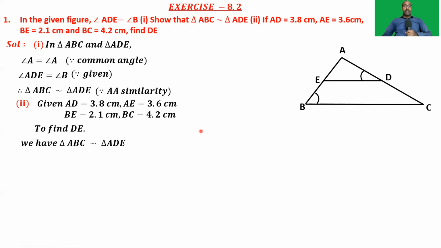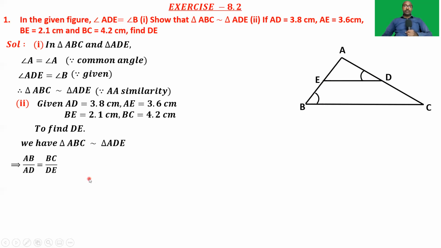So we have triangle ABC similar to triangle ADE. So we know that the ratio of corresponding sides are equal, so we can write AB by AD. So the corresponding side of AB in the triangle ADE is AD, and the corresponding side of BC is DE.